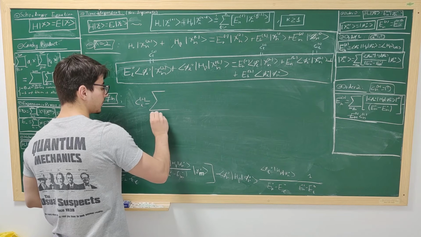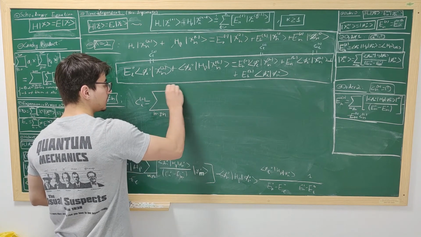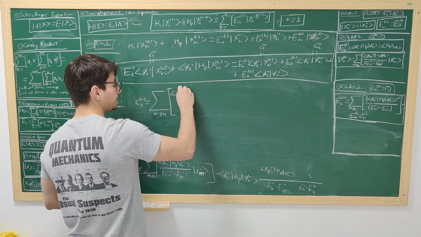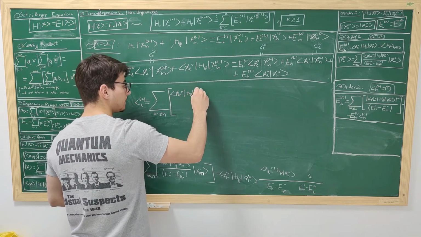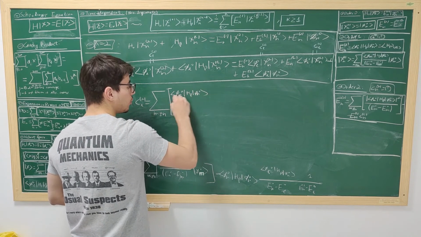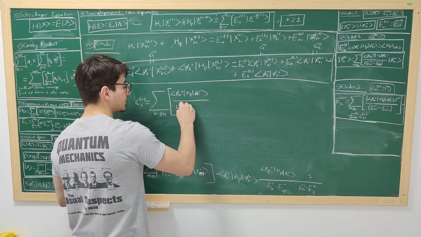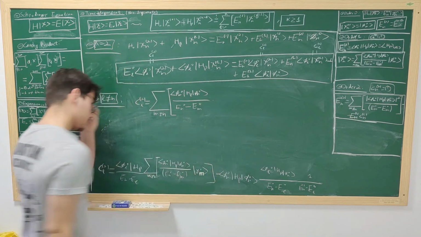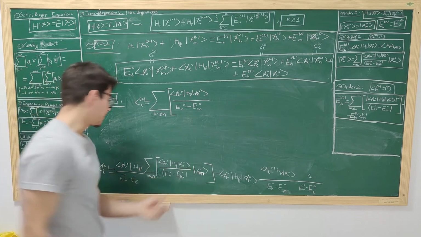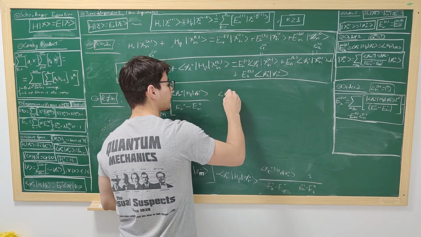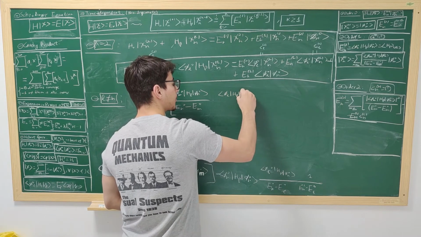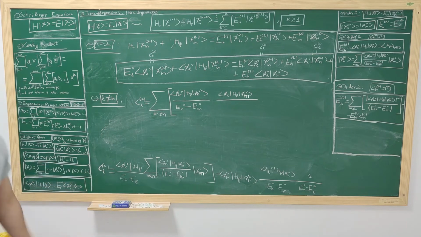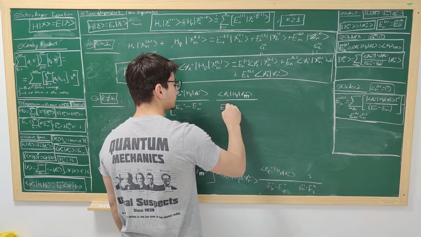So M not equal to N, we just get this term, or original term, over this difference of energies times this inner product with this one over En minus El.